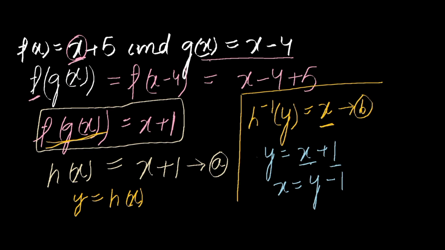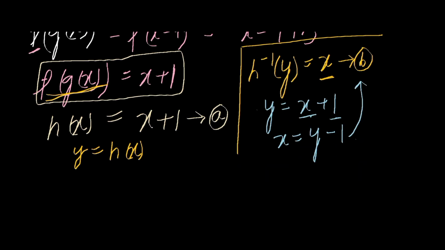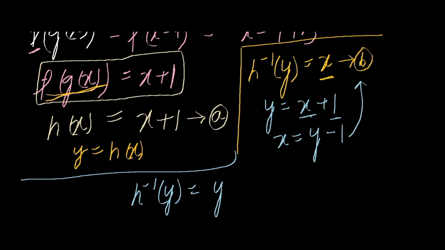Now put x equals y minus 1 in equation B. So it would be h inverse of y equals y minus 1. So the final step is to replace y with an x.